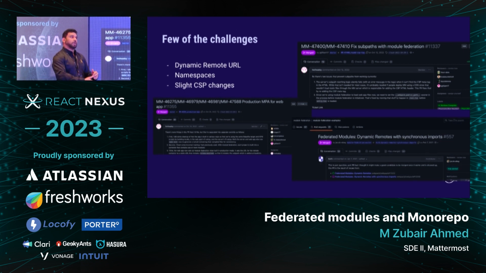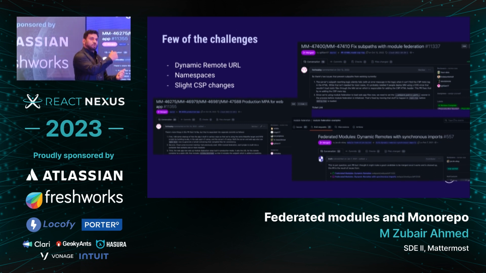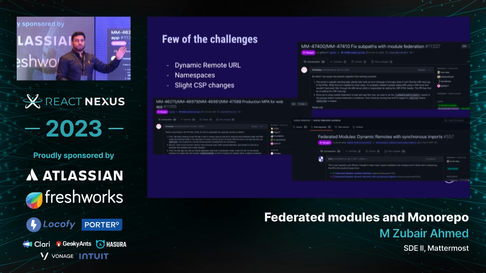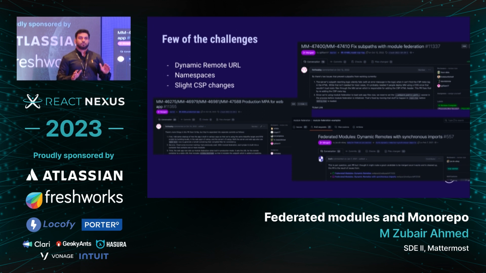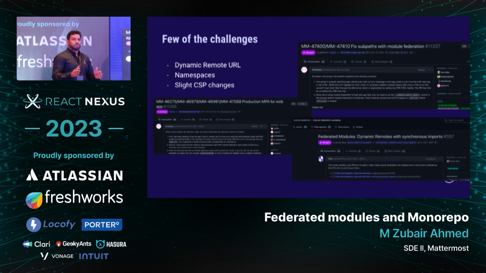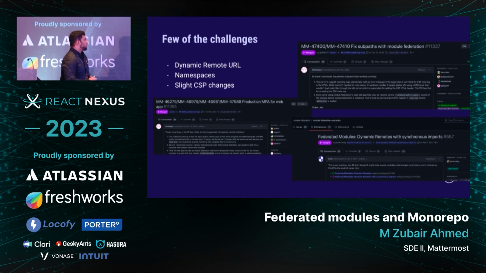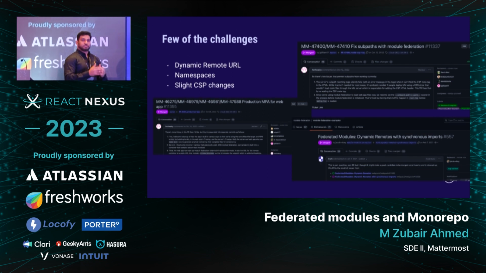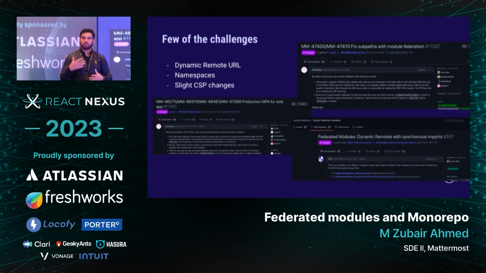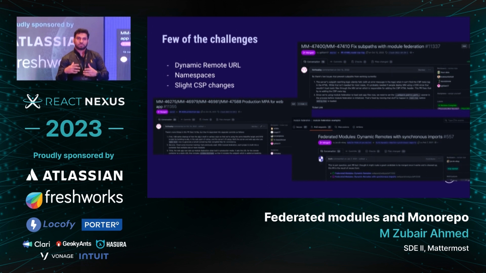When you say make start, it not only has to start the web app, but also has to start boards, the plugins, and all the packages which are there. So the biggest challenge was figuring out how to dynamically resolve the URLs. And then there were obviously changes to CSP, because we had to modify our existing CSP to accommodate other products in the same web app.